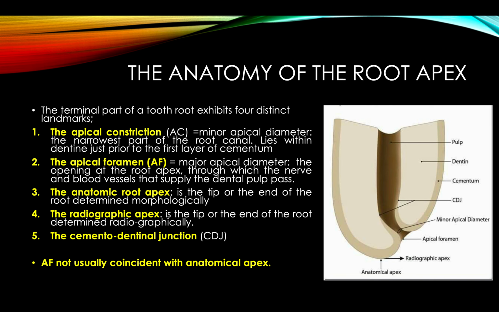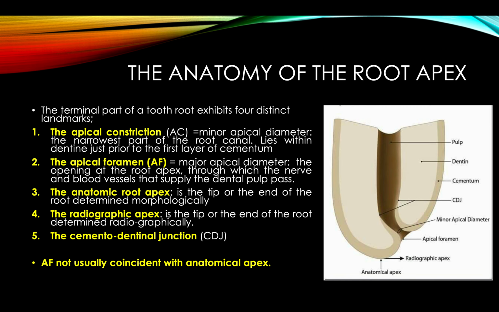Sometimes, if the root is straight, then the anatomic root apex and the radiographic root apex can coincide. However, if the root tip curves in a buccal or a lingual direction, then the radiographic and the anatomic root apex will be different. And we will discuss that just in a moment.